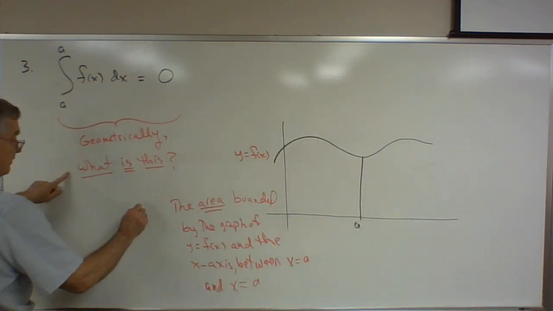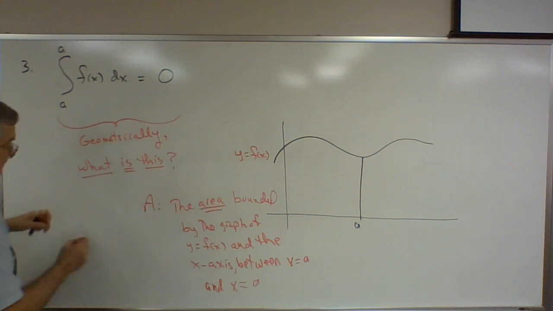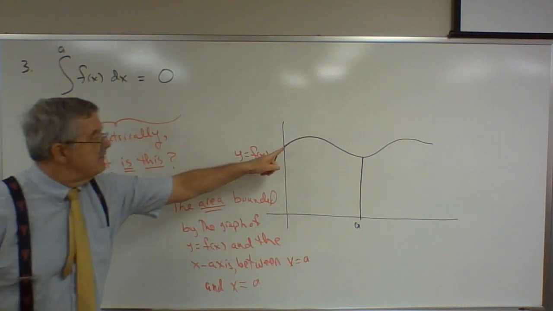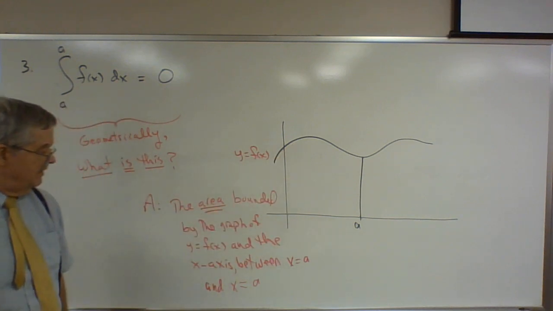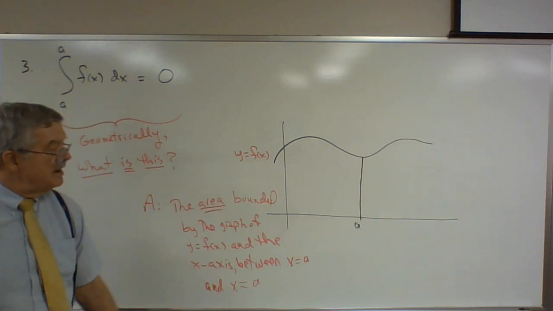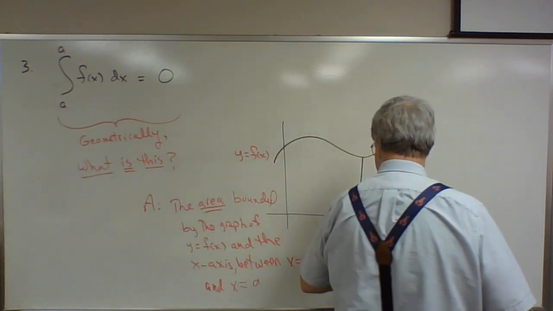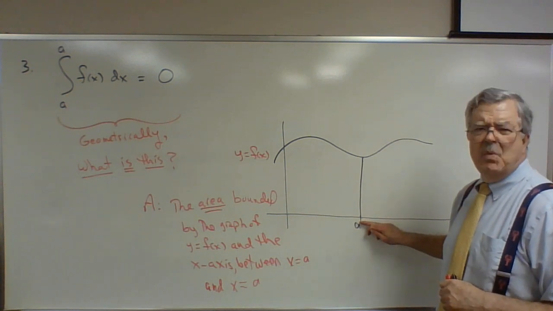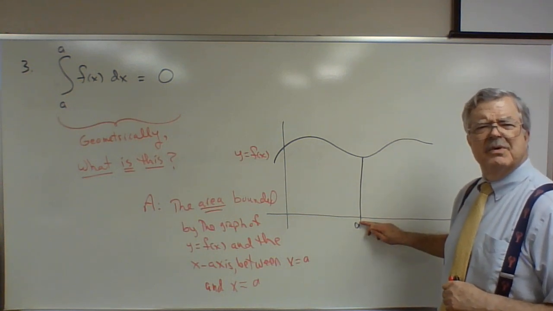What is this? Here's our answer. It's the area bounded by the graph of f of x and the x-axis between x equal a and x equal a. So this region has the width of one point. What's the width of a point?